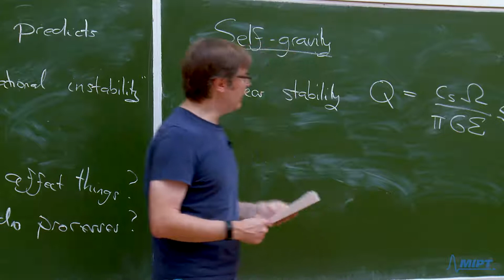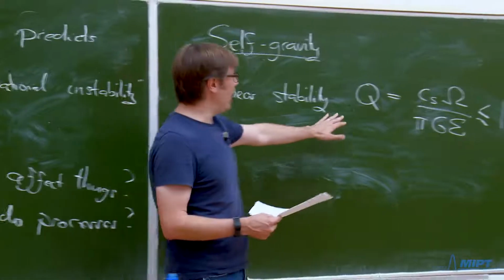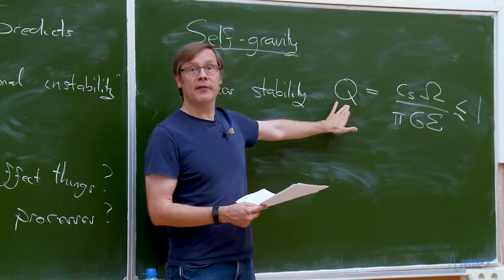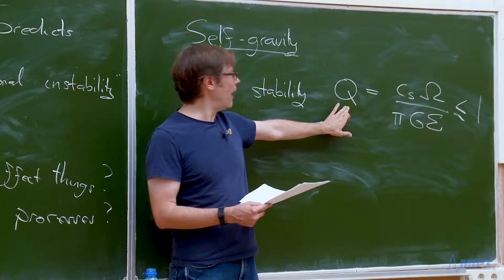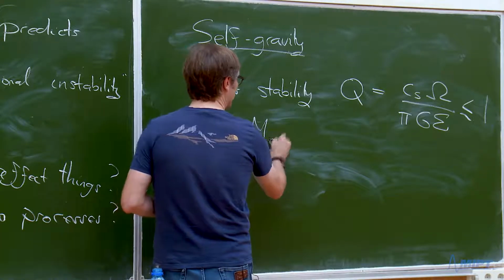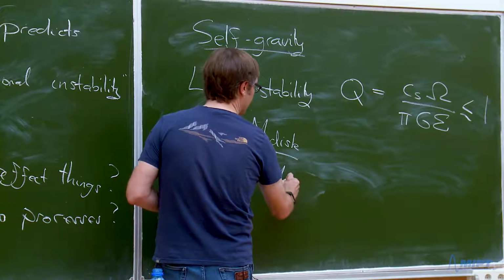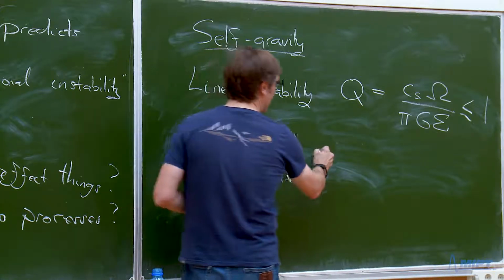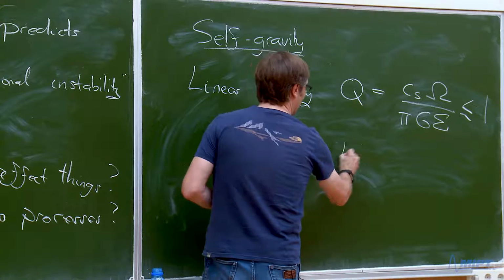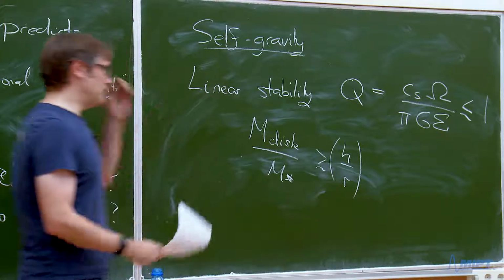So if you want to look in the notes, go through the argument. This is a local condition for whether a disk would be unstable to self-gravity, but you can very roughly translate this into an estimate of the disk mass you need for self-gravity to set in, and very much to be understood in order of magnitude terms.